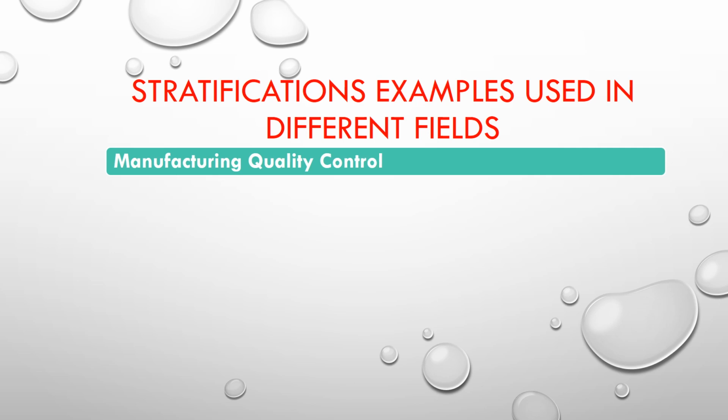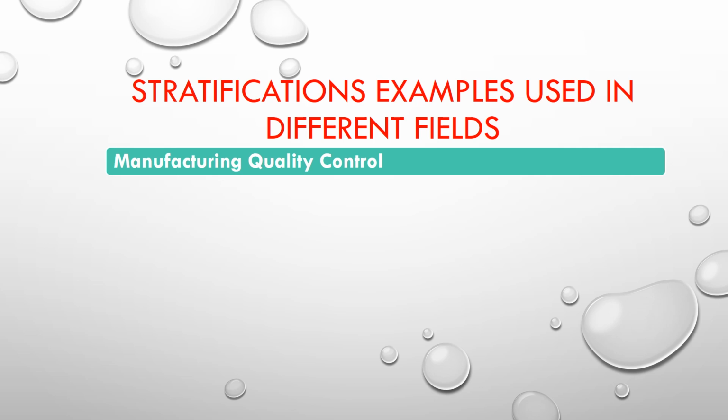In a manufacturing setting, data can be stratified based on different shifts, production lines, or equipment used. This helps in identifying which specific factors are contributing to defects or variations in product quality. By separating the data into groups, you can pinpoint and address issues more effectively.